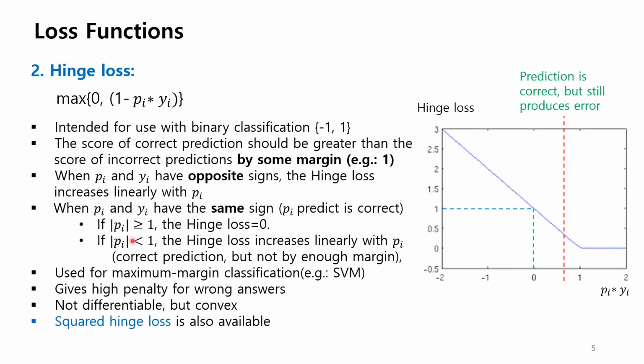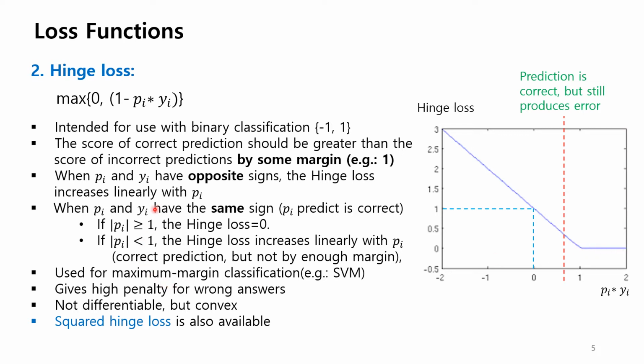So, for example, let's say our correct value yi is 1, and our prediction is, let's say, 2. Then the absolute value of our prediction is greater than 1, so our loss is 0. This is this case here.